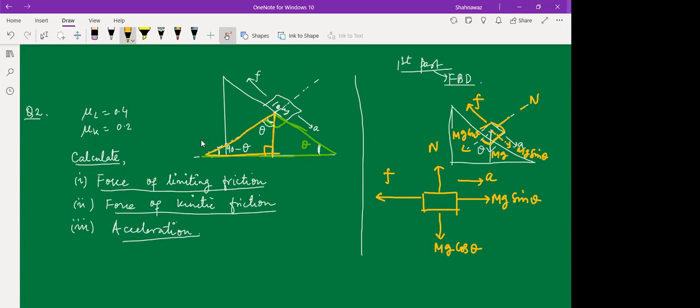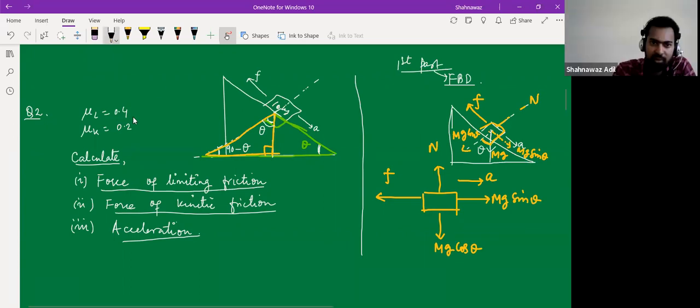No, sir. Right, so let's solve this problem. Force of limiting friction, what will this be? Let's apply Newton's second law of motion.